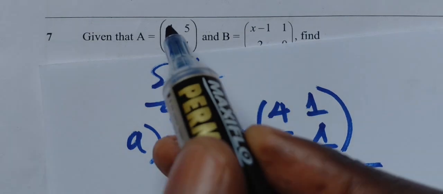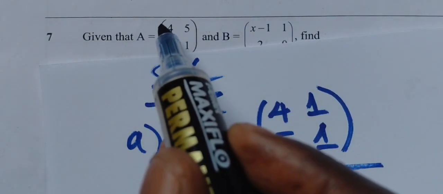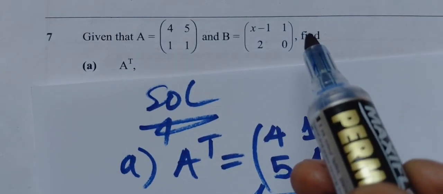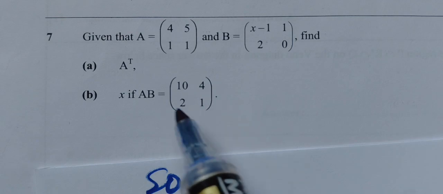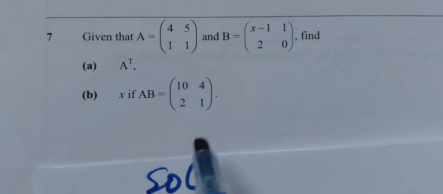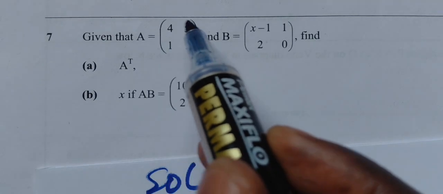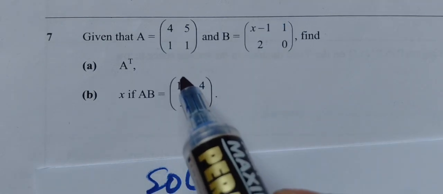So I'll multiply 4 times x minus 1. So meaning the first matrix I'm picking rows, then for the second matrix I'm picking columns, so that we can get the matrix AB. But I'm not going to show for all the entries. I'm just showing for the first row, the first column, to get 10.